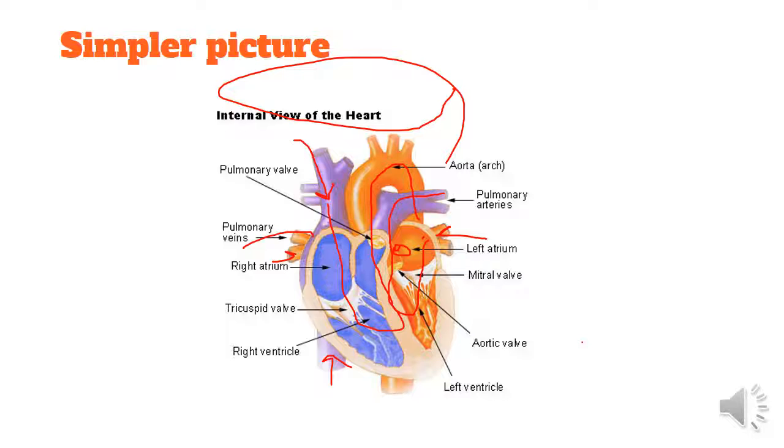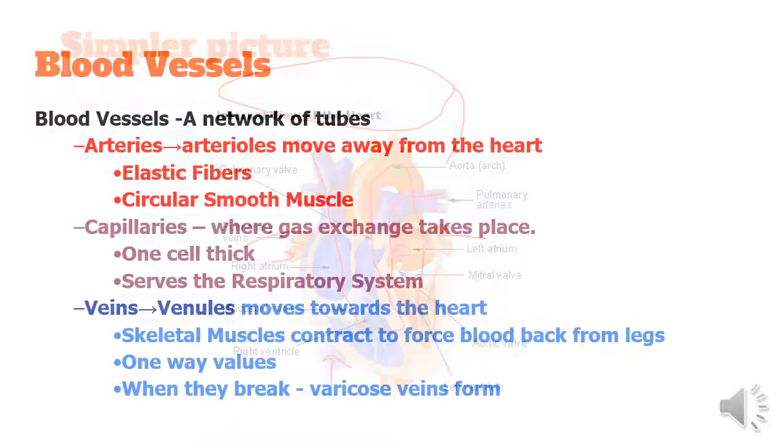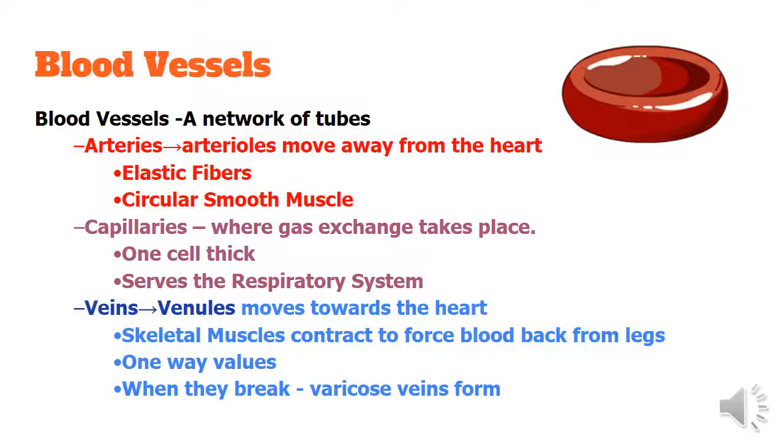All right, so let's go on to blood vessels. Blood vessels are a network of tubes made up of arteries, capillaries, and veins. The arteries take blood from the heart to the rest of the body. Capillaries are where the gas exchange takes place for the oxygen and the carbon dioxide.